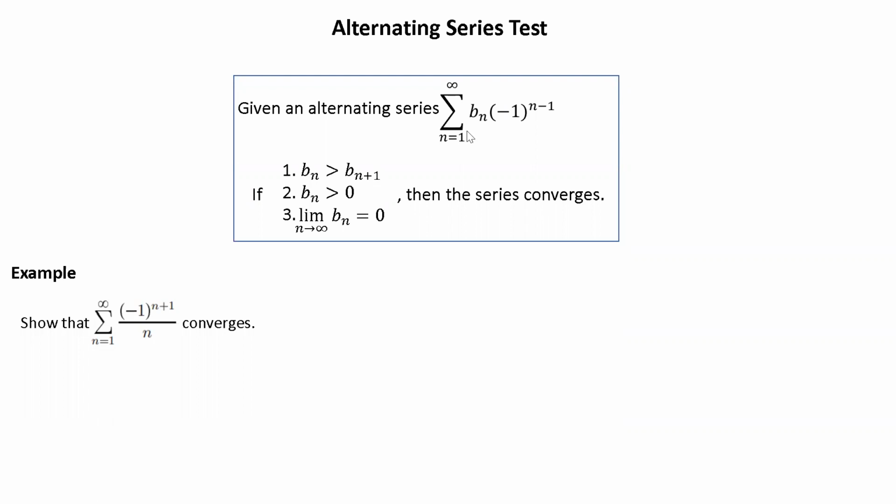So if b_n is monotonic decreasing, and it's always greater than 0, as I said, and also if the limit as n tends to infinity of b_n is equal to 0, then the series is convergent.